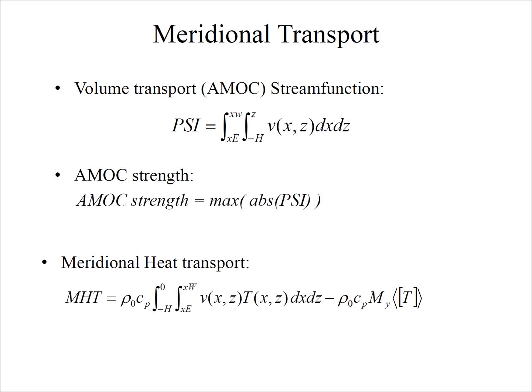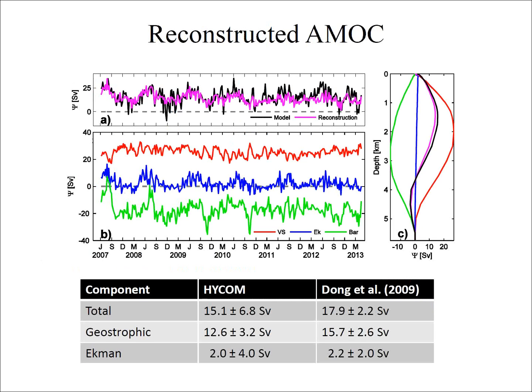We also have this term to allow zero mass transport that we generally are not going to use, because as we define our components, they have zero mass transport by definition.